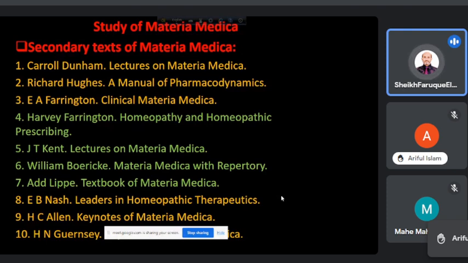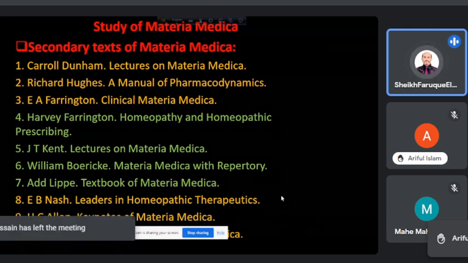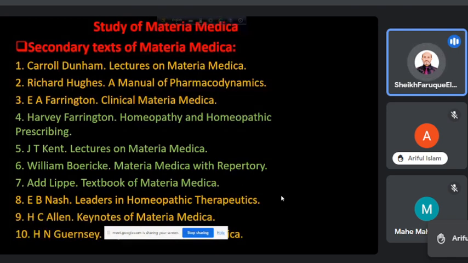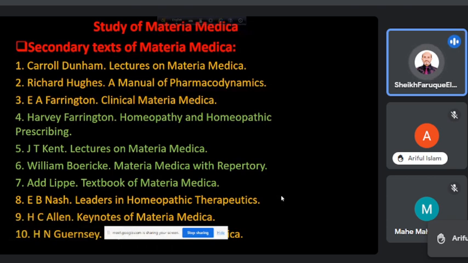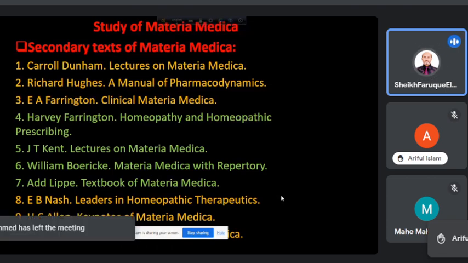Now you come to H.C. Allen's Keynotes of Materia Medica. It is just a small book. But believe me, all the stalwarts of homeopathy had high praise for this book. They said H.C. Allen's Keynotes is the essence of Dr. Constantine Hering's Guiding Symptoms of Materia Medica.